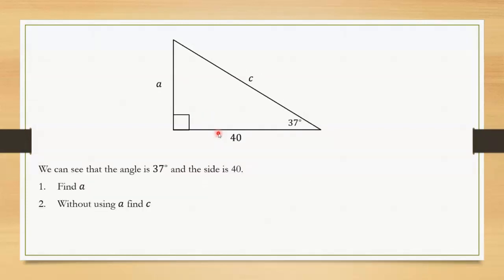What's nice is, with our calculator as well, we can actually figure out all the unknown side lengths of a right triangle. This is one of the reasons that trig is so useful: you know one angle besides the 90-degree angle, and you have a side. You can get the other 2 unknown sides.